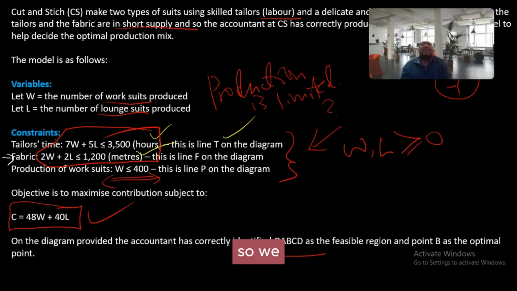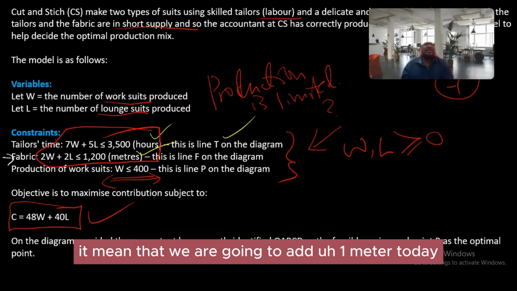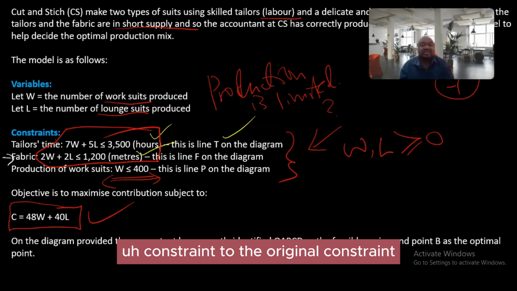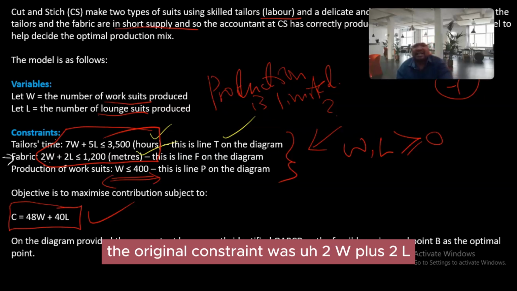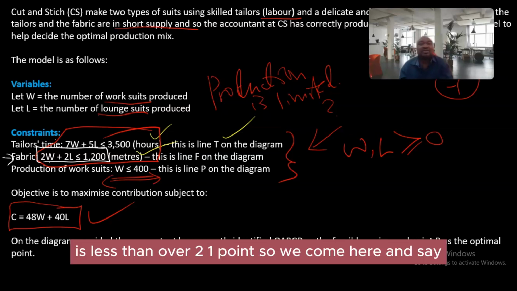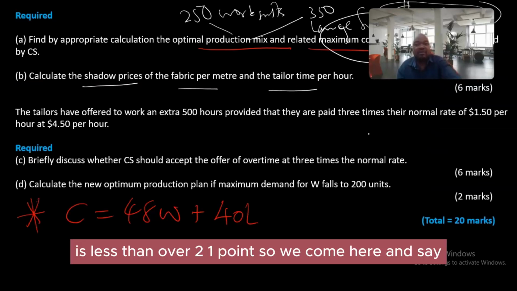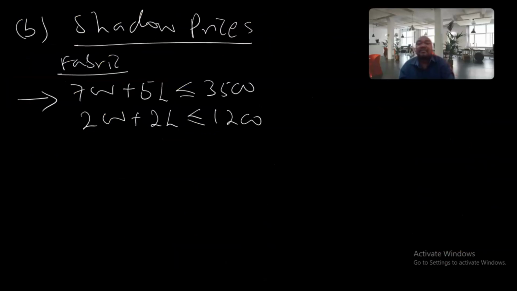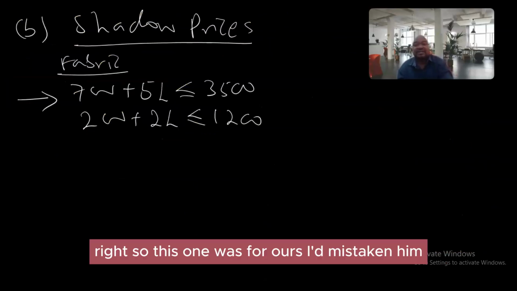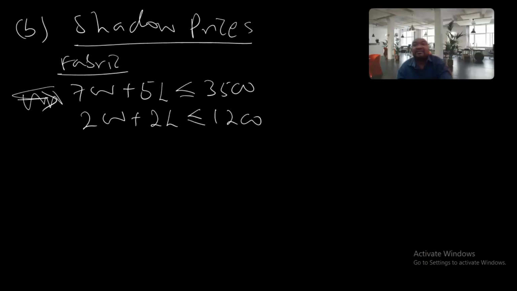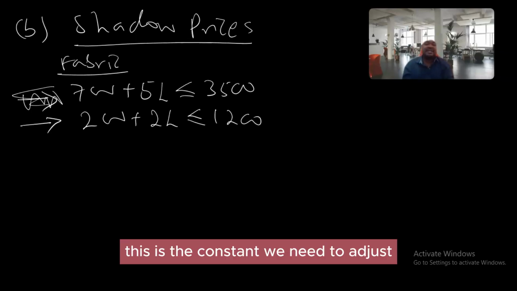So we are going to add 1 meter to the original constraint. The original constraint was 2W plus 2L is less than or equal to 1,200. All right, so this one was 4 hours, I had mistaken here. So this is the constraint we need to adjust.